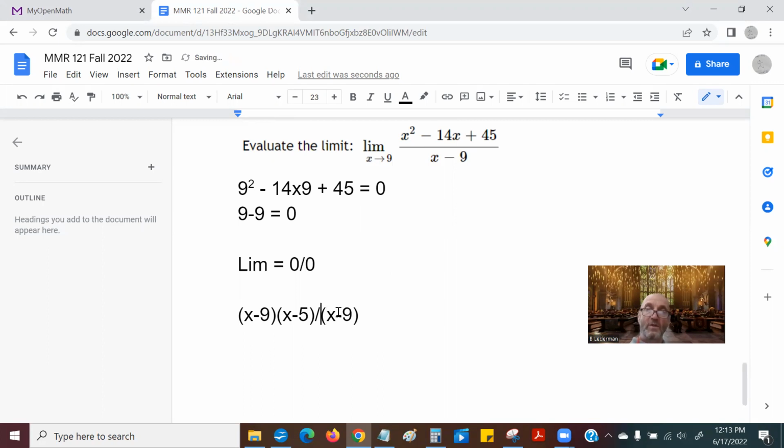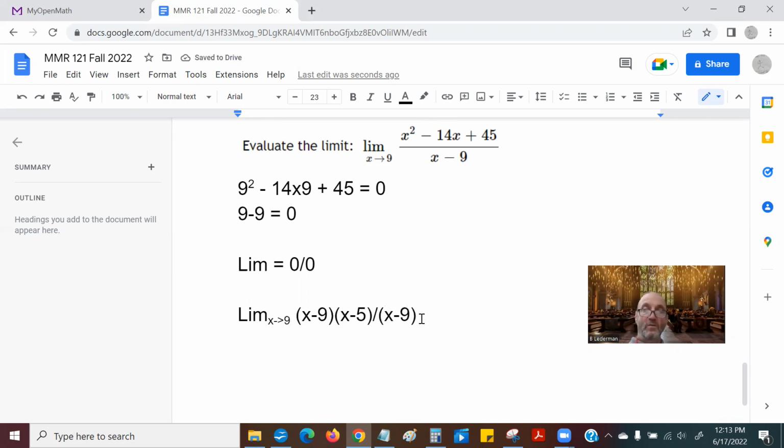And let's not forget, we have a limit here. Sometimes you see them write the limit as x goes to 9. So the limit is x goes to 9.